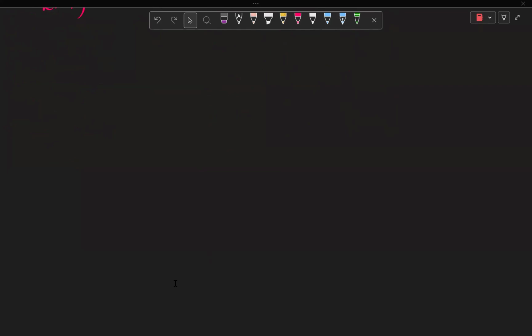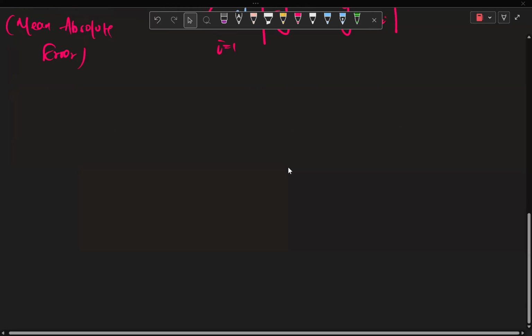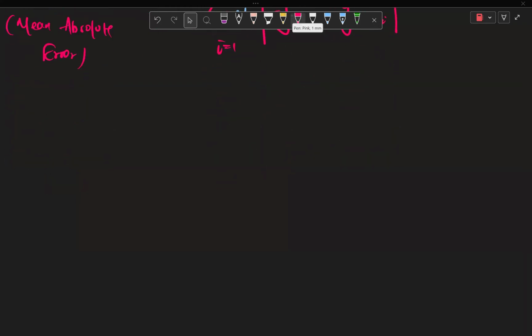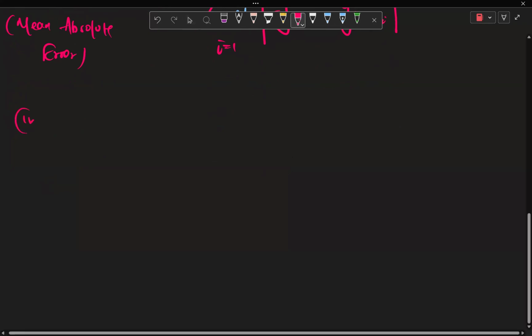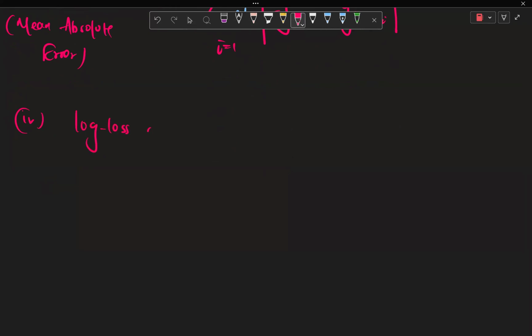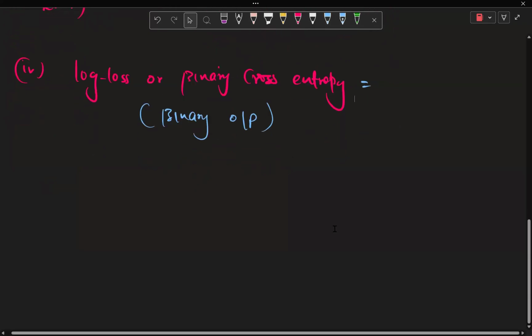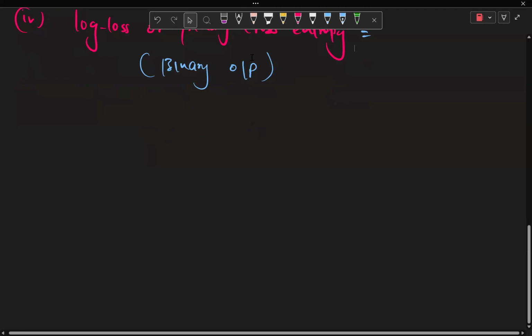The fourth one is log loss, also called binary cross entropy. In short, when you have a binary output, only then will you use this log loss.